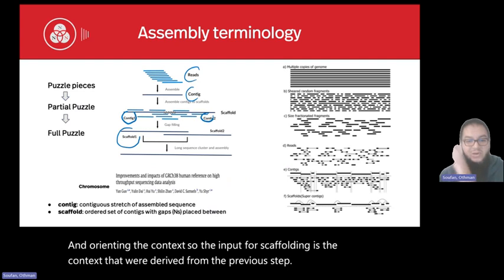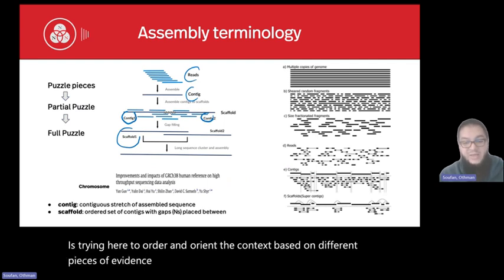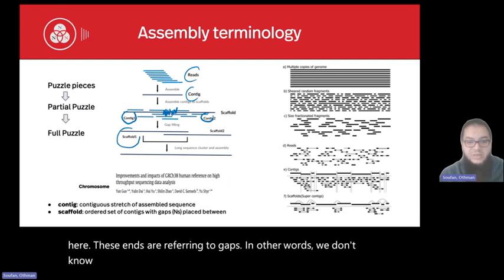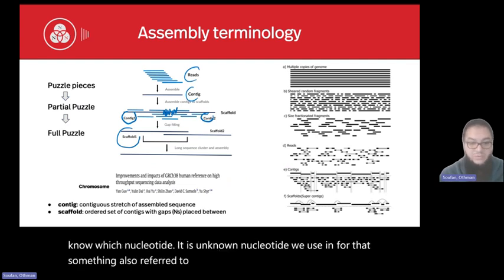It's trying to order and orient the contigs based on different pieces of evidence. There can be gaps in this process. So Ns here refer to gaps. In other words, we don't know which nucleotide it is. It is an unknown nucleotide. We use N for that, something also referred to in the previous module.